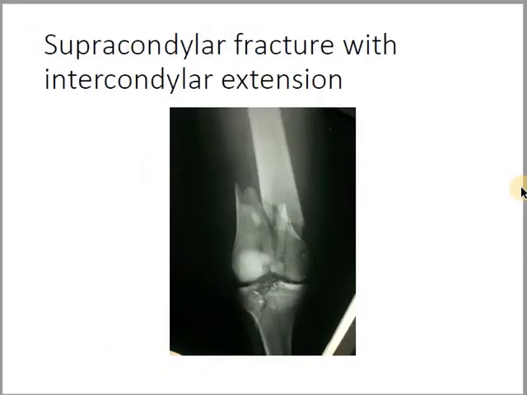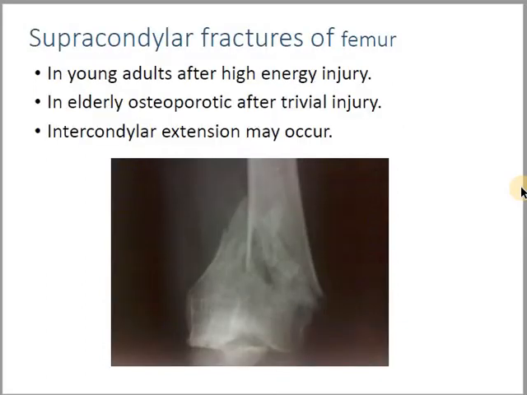Another point, the third point, is that sometimes the fracture extends into the intercondylar space. The fracture is supracondylar, above the femur, and extends to a line in the middle between the condyles. What does that mean? It means it extends to the articular surface, goes to the knee joint.